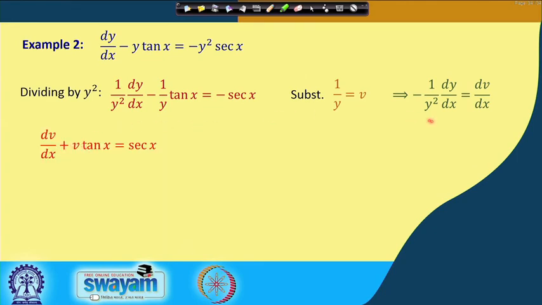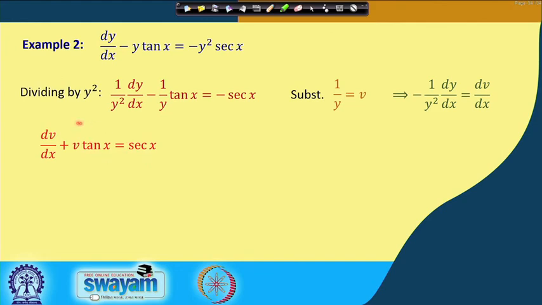And then when we substitute back into this equation, 1 over y square dy over dx is dv over dx, and this 1 over y is v, this tan x and this minus sec x. So, minus also we have just multiplied. So, we got this equation dv over dx plus v tan x is equal to sec x.